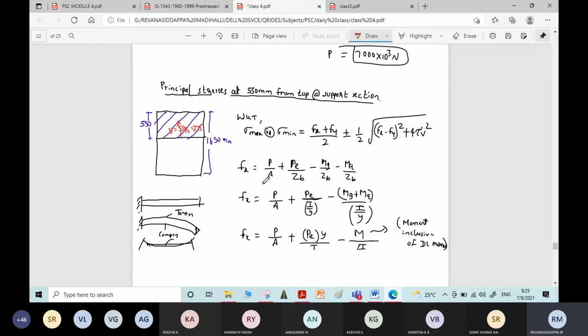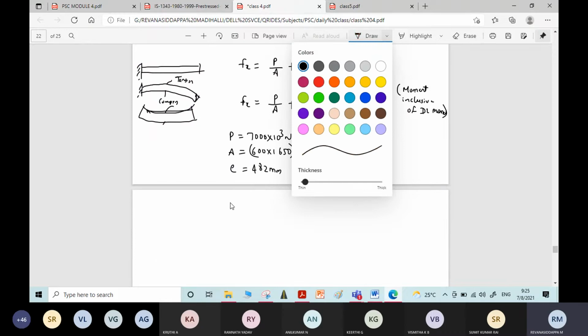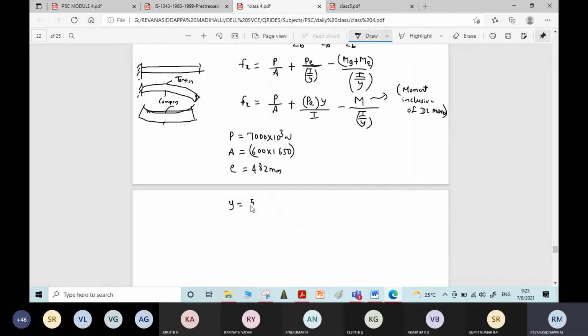Below, you write the same calculation. Y is equal to 550 divided by 2 is equal to 275 mm. Refer to the figure. Okay, then we can find the moment.